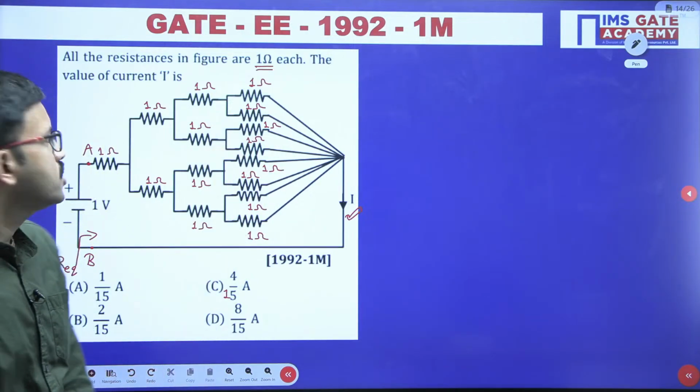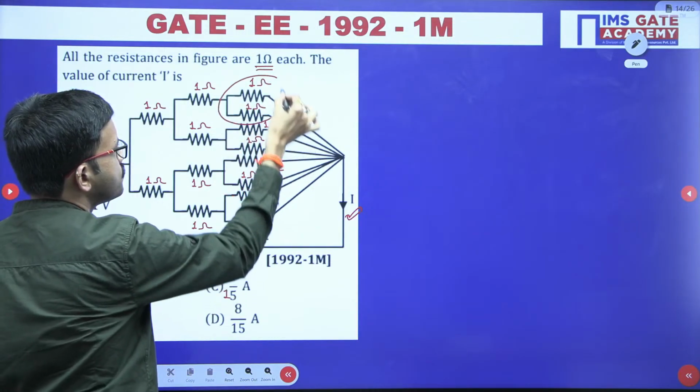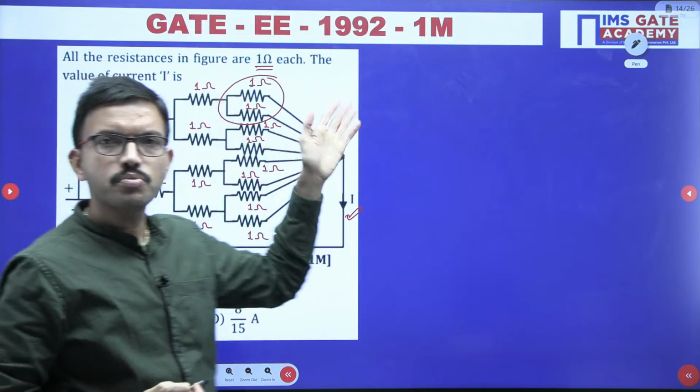Now just observe, these 2 resistors are connected in parallel. So in parallel, R1 R2 by R1 plus R2.